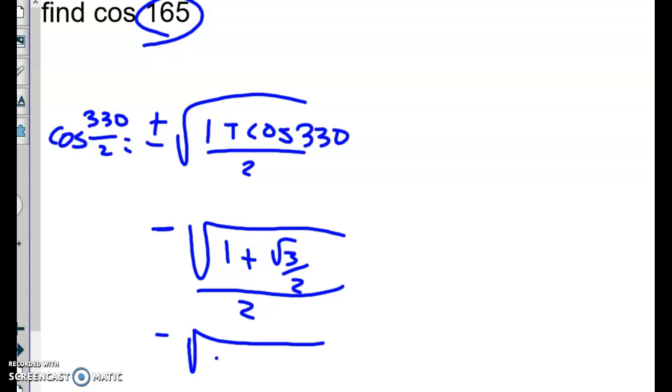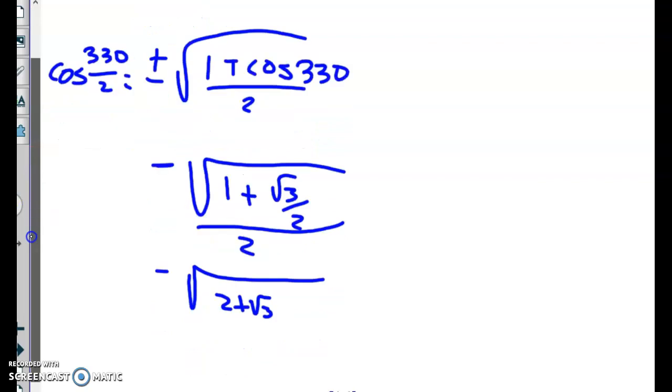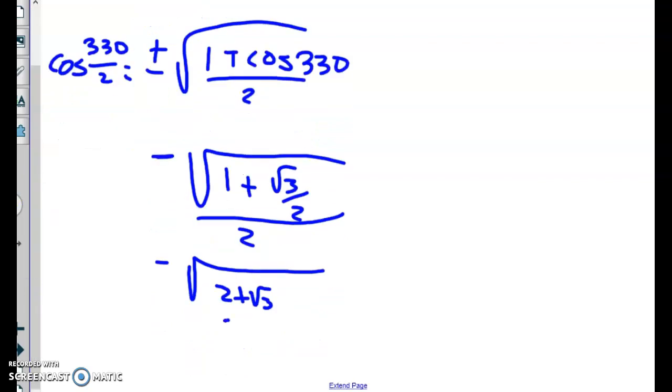And I get 2 plus square root of 3 divided by 2, divided by 2, which is divided by 4. If I only do the top, that means divided by 2 because square root of 4 is 2. So I'm going to make sure that my radical is only for the numerator there.